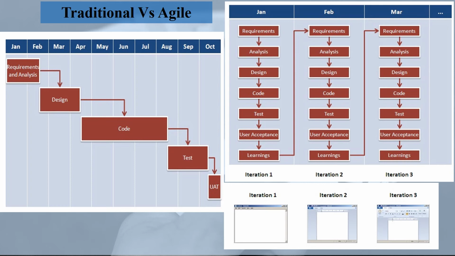You can see that this process in the agile approach, which is a fast sprint, is expected to be completed within 3 months, whereas in the traditional approach on the left-hand side, you're talking about 10 months as opposed to 3 months.